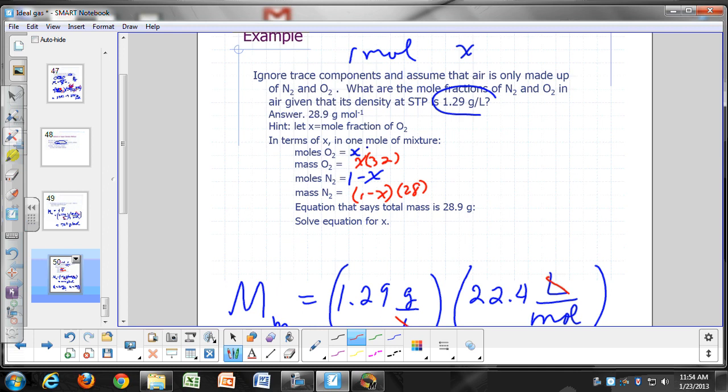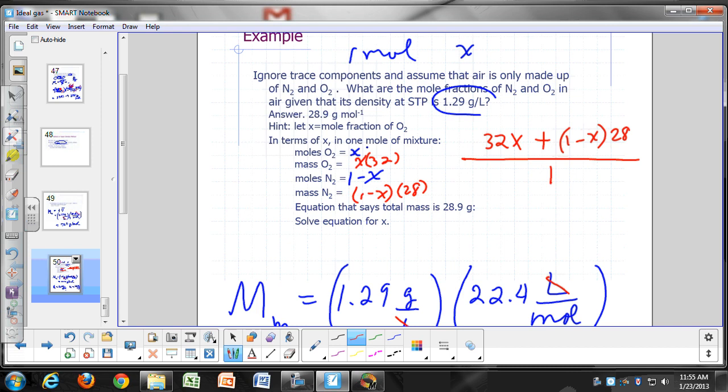Right? So what's the total mass? 32X plus 1 minus X times 28. That's the total mass, right? How do I get molar mass? I divide that by the total moles. And the total moles is 1.